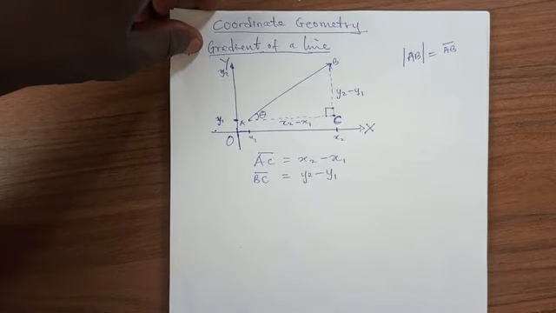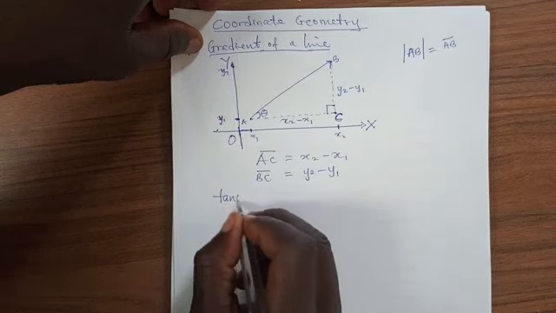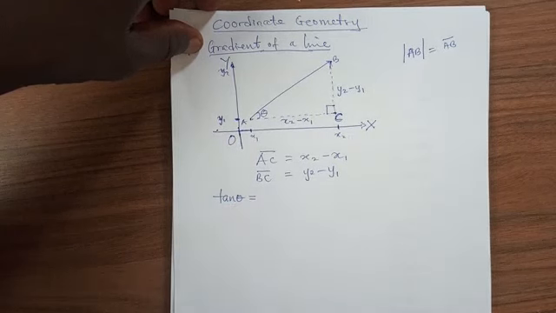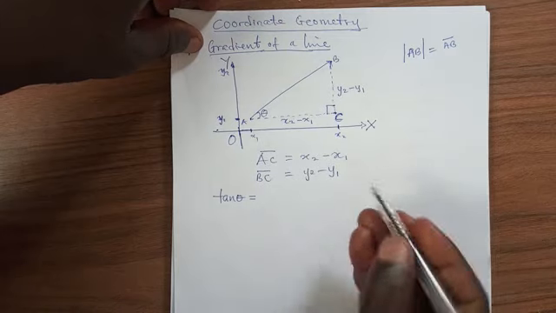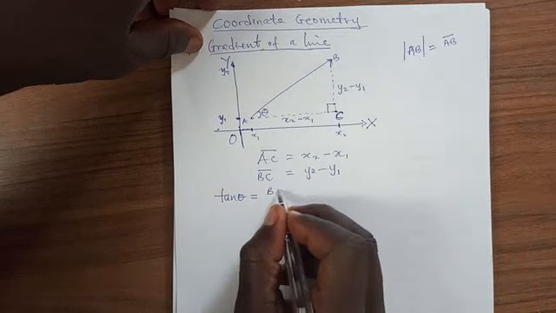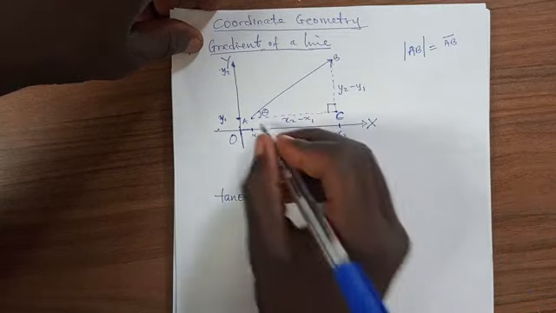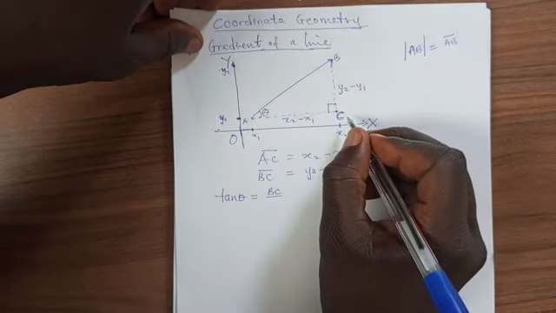One will see that the tangent to this angle theta is written as tan theta equals opposite over hypotenuse. Where is the opposite? Line BC. So this is BC over adjacent. Sorry, opposite over adjacent, not hypotenuse.